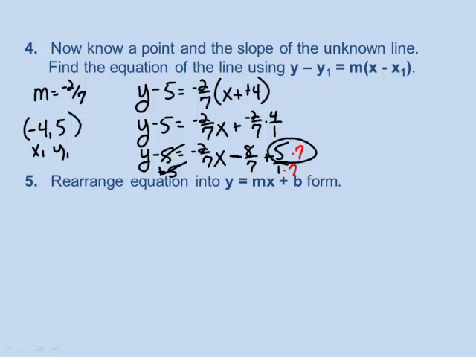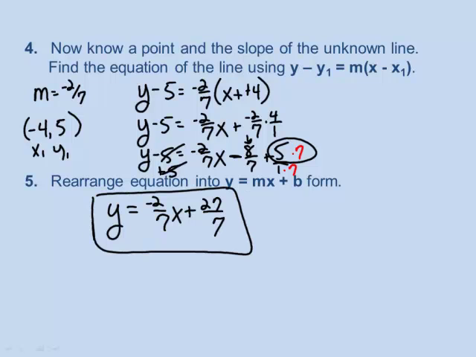And if we subtract 8 from that, 35 minus 8 is a positive 27, and that's all over 7. So we've got y equals negative 2/7 x plus 27/7. And there is our equation that is perpendicular to the given equation in slope-intercept form.